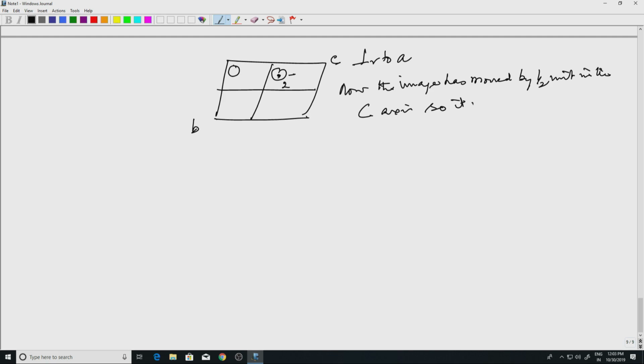So it is called C glide perpendicular to A.